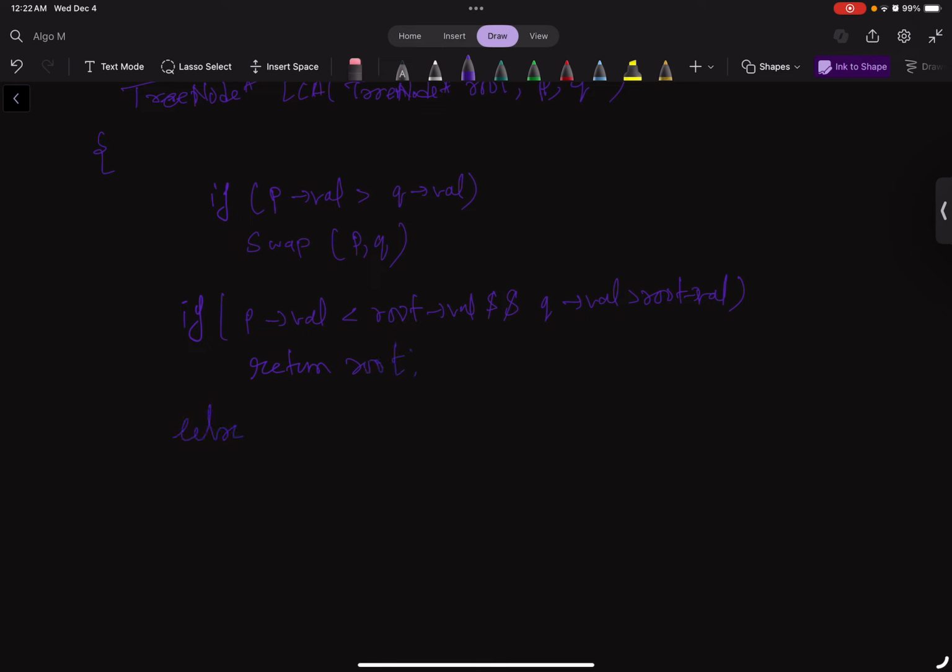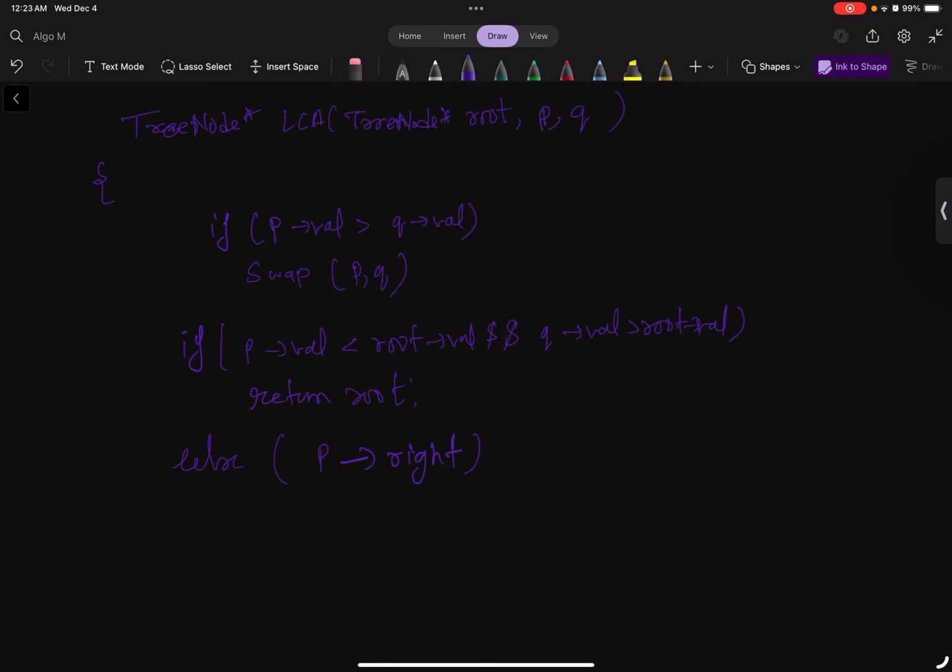Else we were moving to the place. We're checking if P right is possible, then we were calling it with root right.